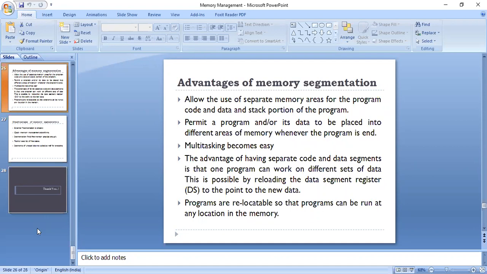Moreover, when we are implementing segmentation, it enables the sharing of selected segments. So we can share the segments as well, and we can map them into the main memory accordingly. But if we are talking about other techniques like paging, we cannot share the pages.